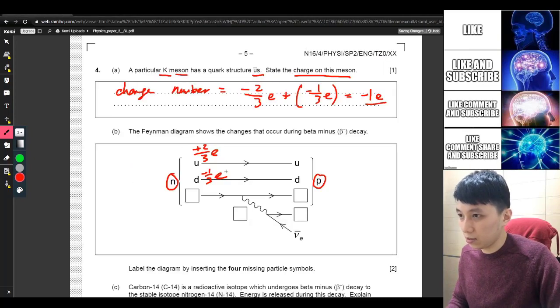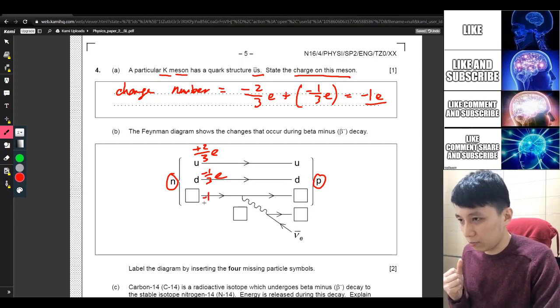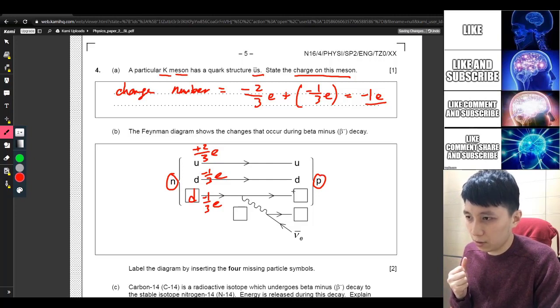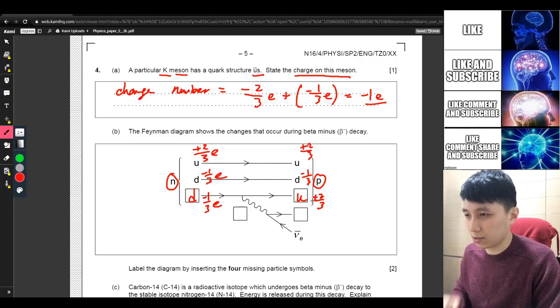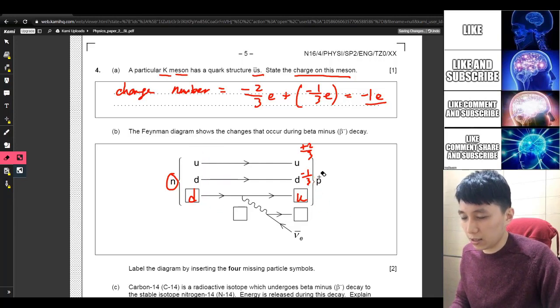Up and down. For the neutron, which is 0 charge, you need another one that's negative 1 over 3 e, so that will be down. And for the proton it will be the opposite, so it will be up, positive 2 over 3, negative 1 over 3, positive 2 over 3, and that adds up to be 1. Yeah, that's right. Okay, so of course I shouldn't be drawing these things to distract the marker. Okay, so I will erase it.